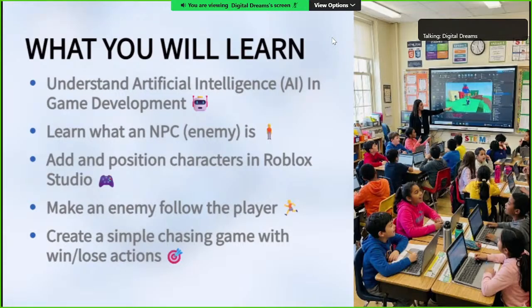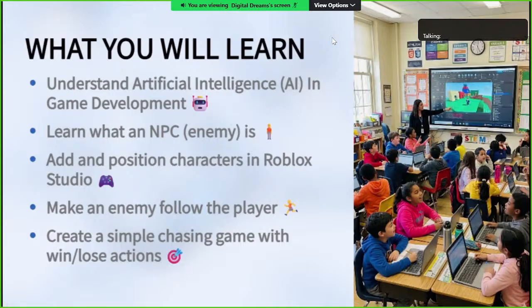Okay, so we're going to learn what an NPC is. Thirdly, we are going to add and position characters in Roblox Studio. They may not be characters, but at least a character by the end of today's class. Fourthly, we're going to make an enemy follow the player. Okay, we'll make an enemy follow the player around the world. And then lastly, we're going to create a simple chasing game with win or lose actions. So all these things I listed that we're going to do today will be done using AI. Okay.